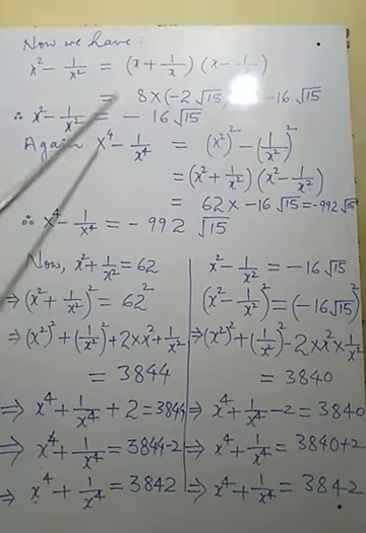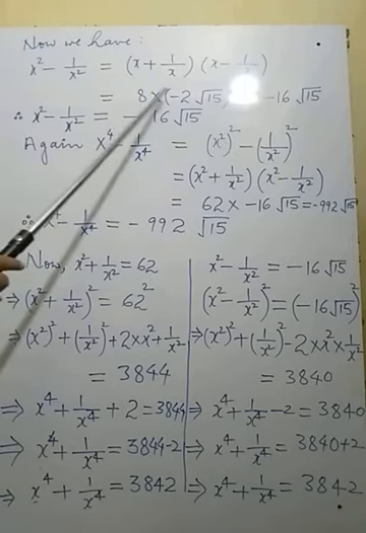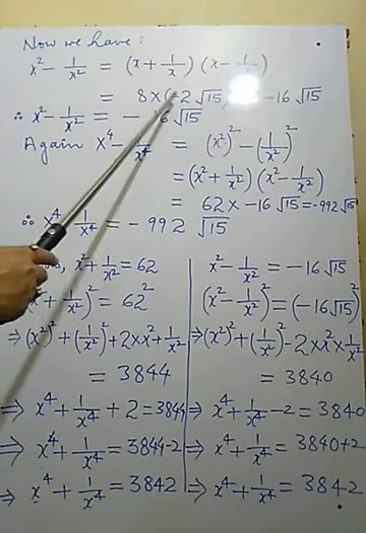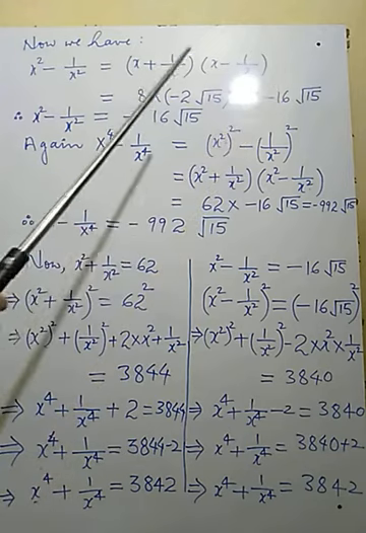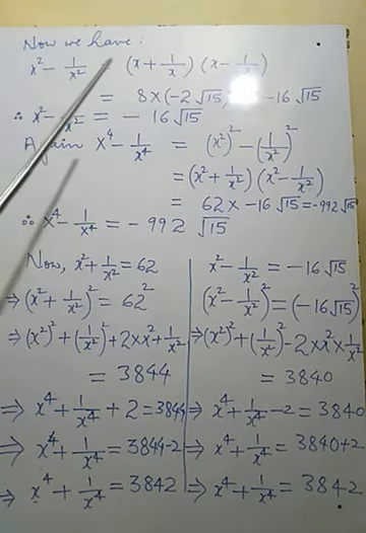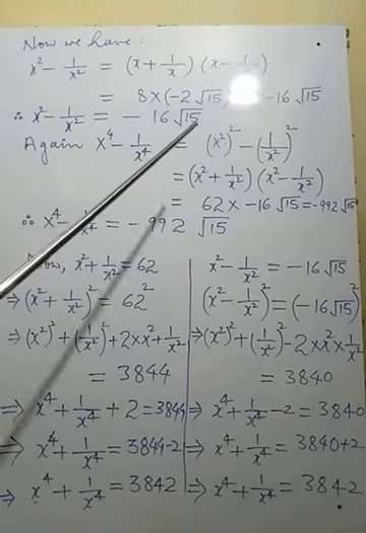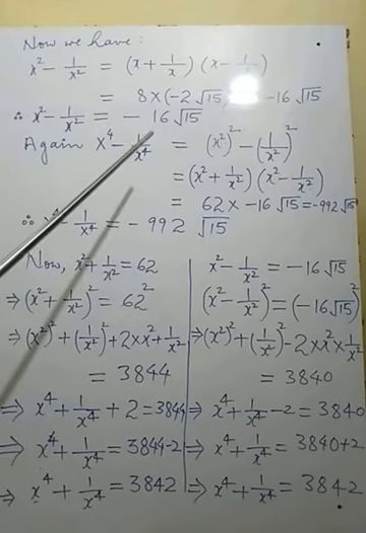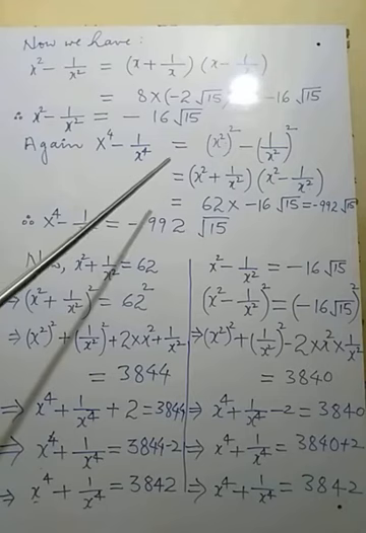Now we have to decide whether it is positive or negative. The plus is multiplied into minus. Plus into minus becomes minus here. If unlike signs are multiplied, the result will be minus. Suppose like signs are there, minus into minus or plus into plus, so that will become positive. If unlike signs are there and both are multiplied, the result will be negative always.